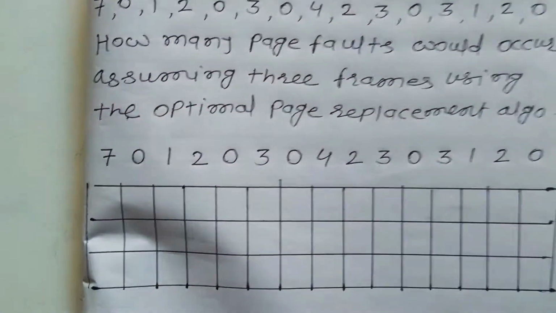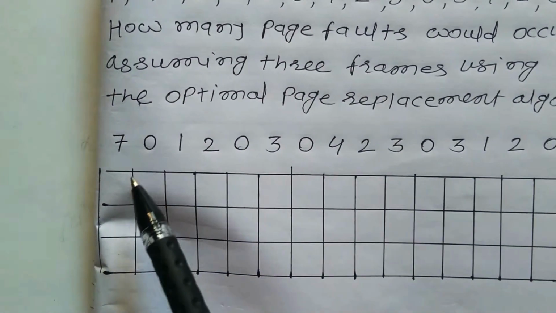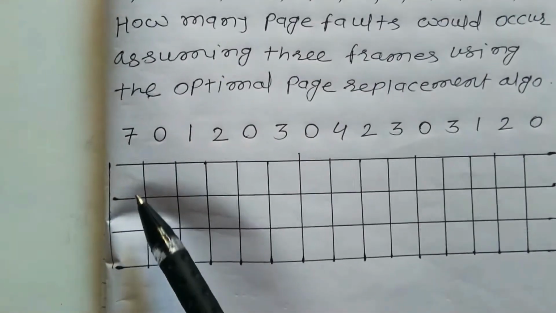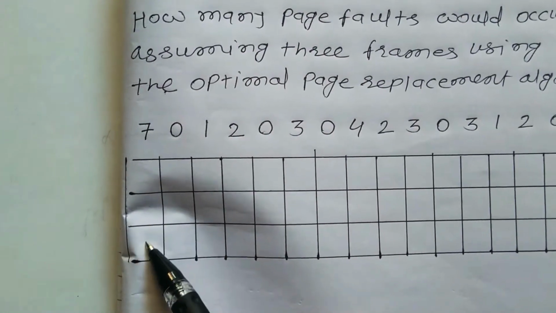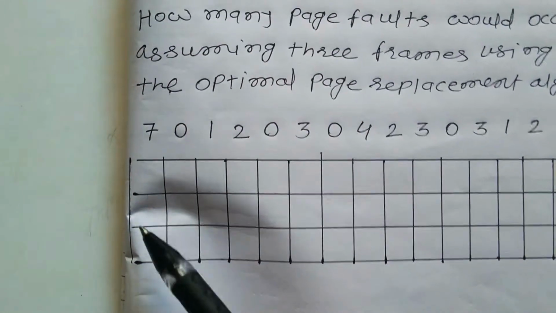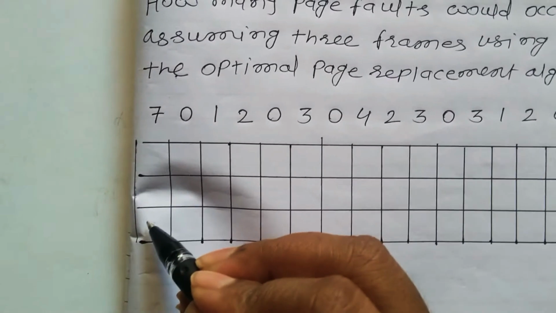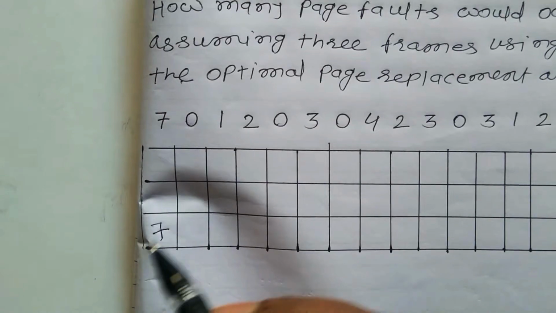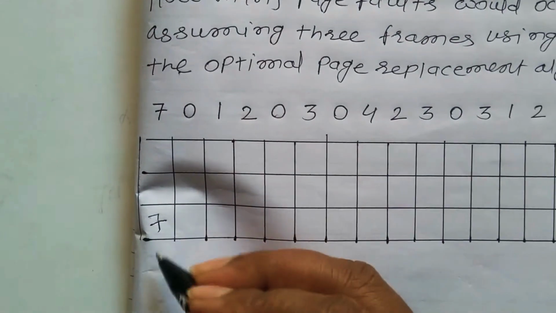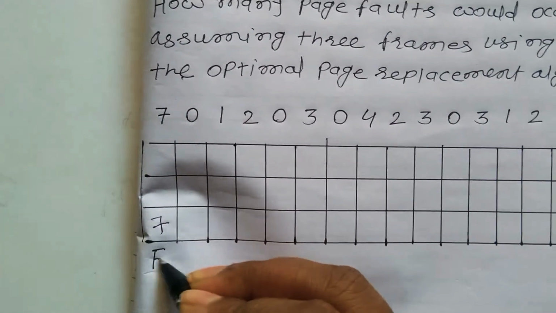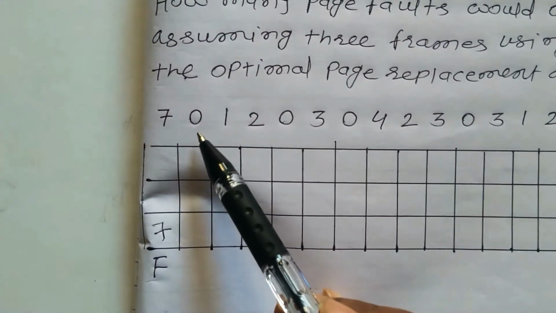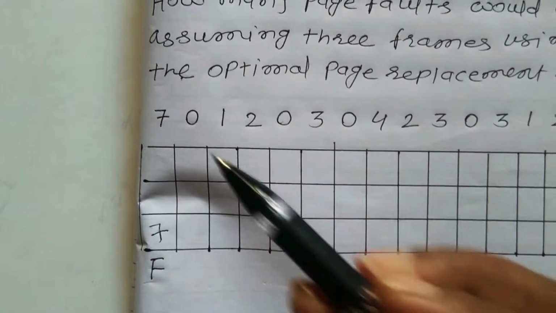We will start from the first page, that is 7. This 7 you have to place in the main memory. Currently all 3 frames are empty, so we can simply place page 7 here. Since 7 is not already in the main memory, this is known as a page fault. Now the next page you want to place in the main memory is 0.